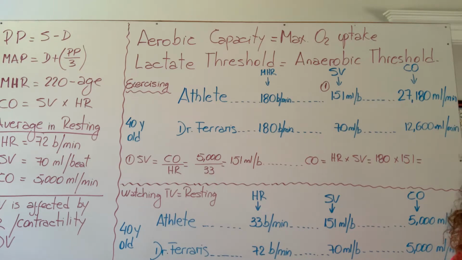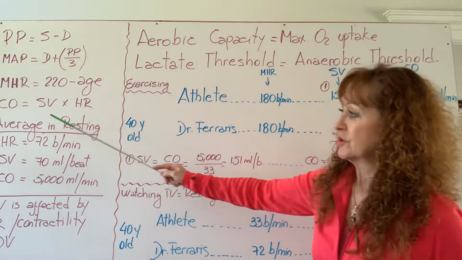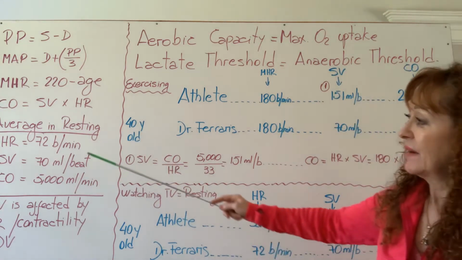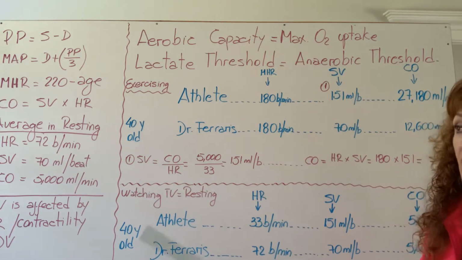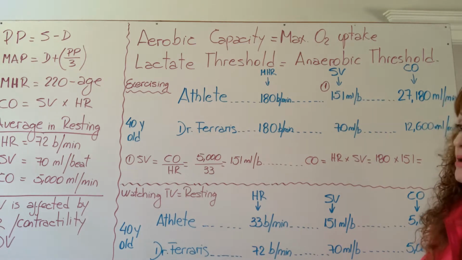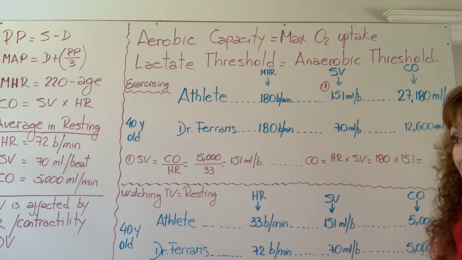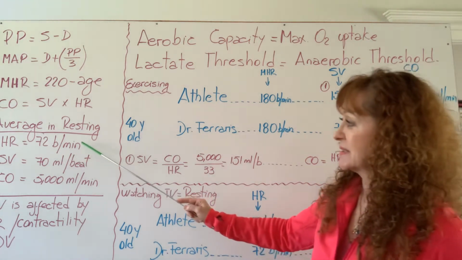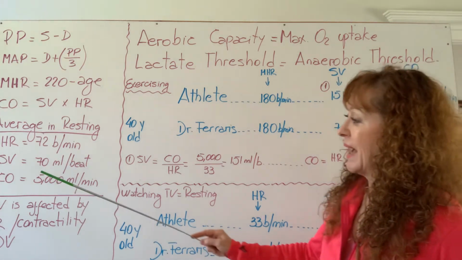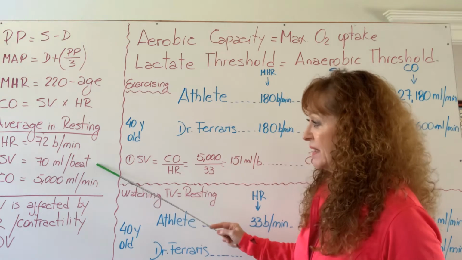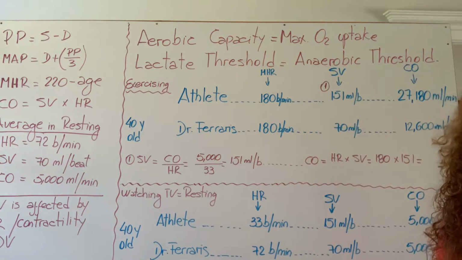Now, we need to consider average numbers in resting conditions. Remember, the heart rate goes between 60 and 100. So in an adult person, the average in resting position is considered 72 beats per minute. We also have the average stroke volume, which is considered 70 milliliters per beat.